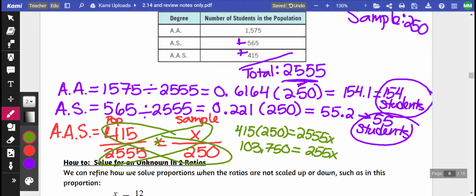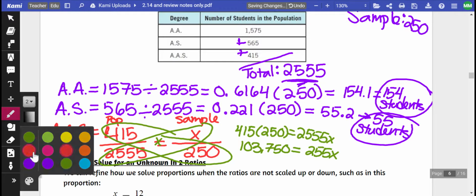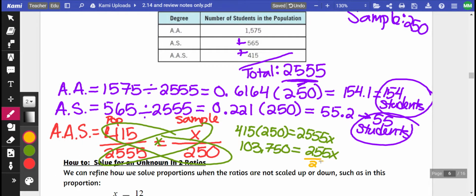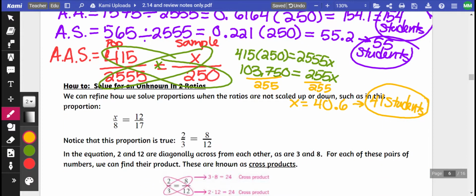To solve this, I'm going to divide both sides by 2,555, and I end up with 40.6, which will round to 41 students. And so we have altogether our 250 students.